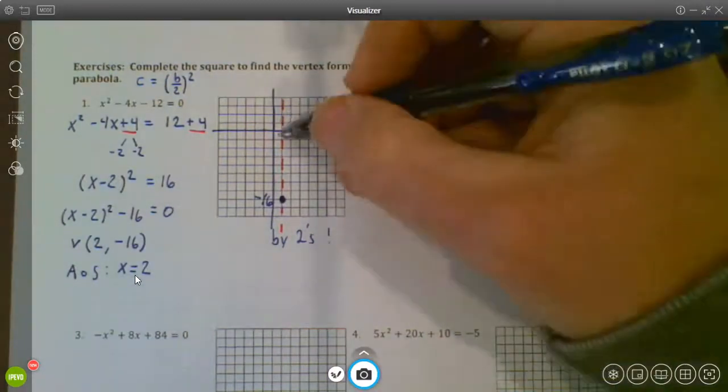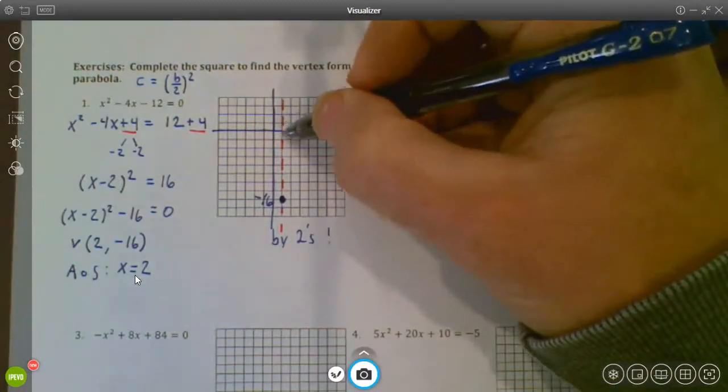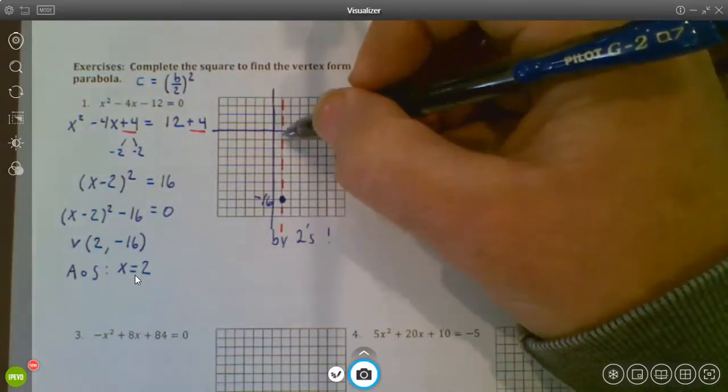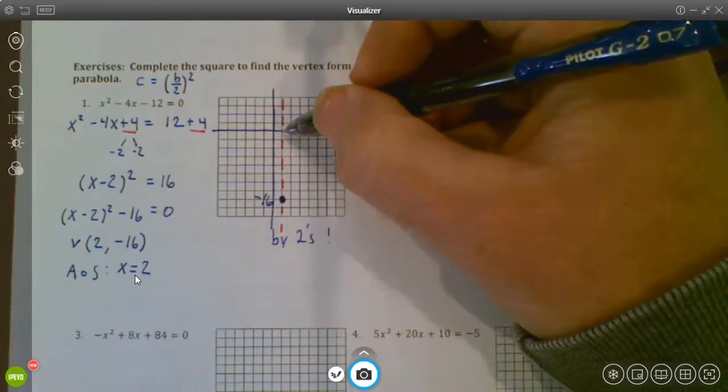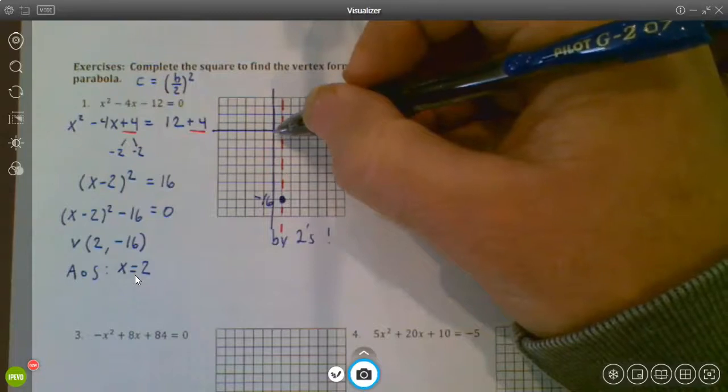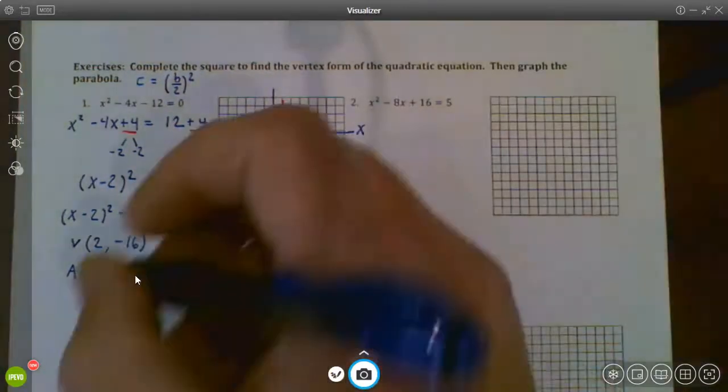So as I see it right now, +2 is the middle of my graph. So I'm going to pick 2 other numbers next to this that I can plug in. If +2 is the middle, then I might use numbers like +1 and 0 as my other x's.